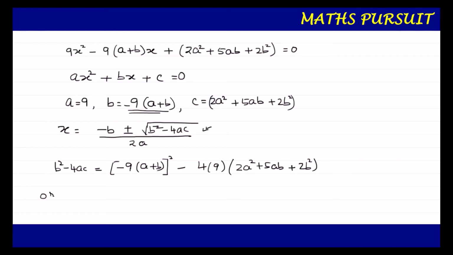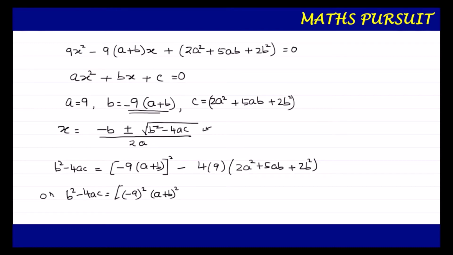So b^2 minus 4ac, we can write as minus 9 into (a+b) to the power 2. This also can be written as minus 9 to the power 2 into (a+b) to the power 2.